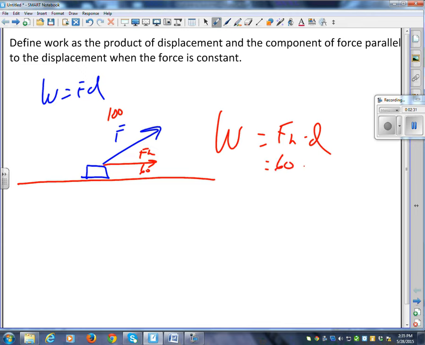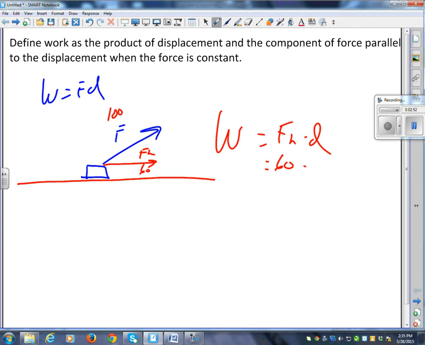I put 60. That's all that I'm saying. The component of the force that does the work is that which is parallel to the displacement.